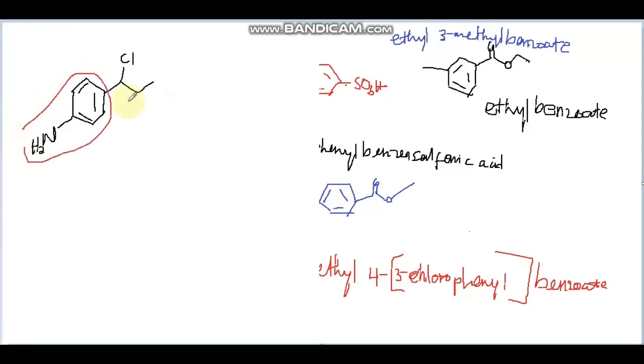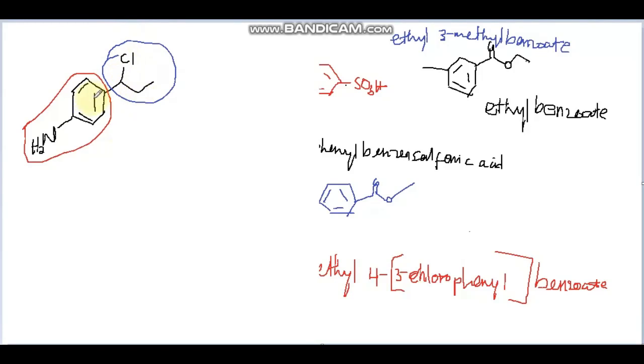So how do we name this? We have the whole of this structure acting as a substituent on the benzene ring. Then on this substituent, we have a chlorine at position 1 of the propyl. So the parent name here becomes aniline, but at position 4 of the aniline, we have all of this complex substituent.